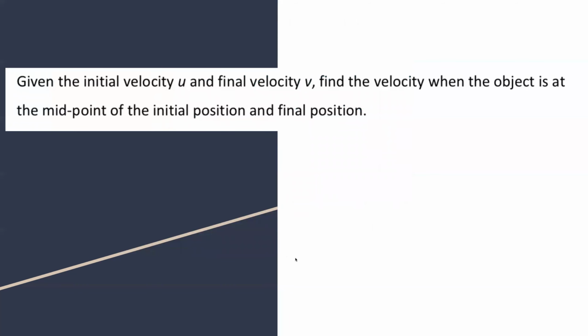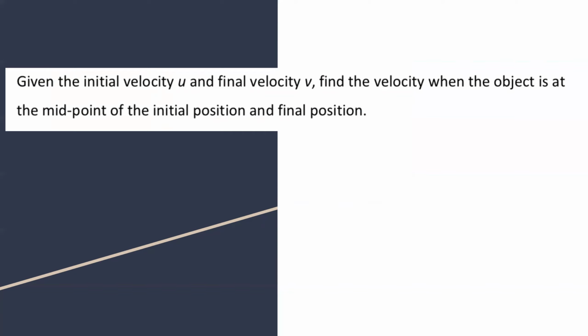This problem is 1D kinematics. It's not from IB actually, and it's good practice for your algebra skills. It says given the initial velocity u and final velocity v, find the velocity when the object is at the midpoint of the initial position and final position.